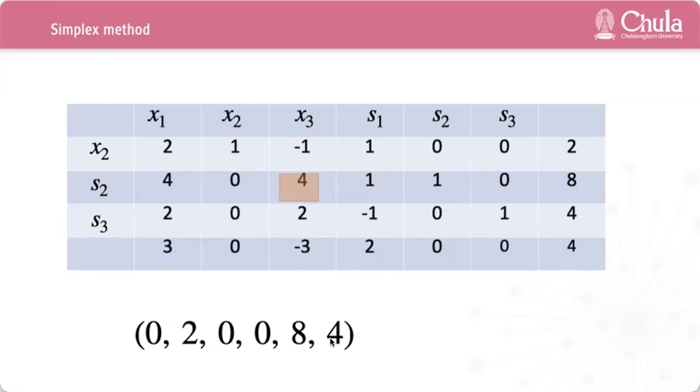Later, after the class, you can do it by yourself. You can use Excel. Excel is good. Use Excel, try to do it by yourself, and then check against what you can see from this slide.